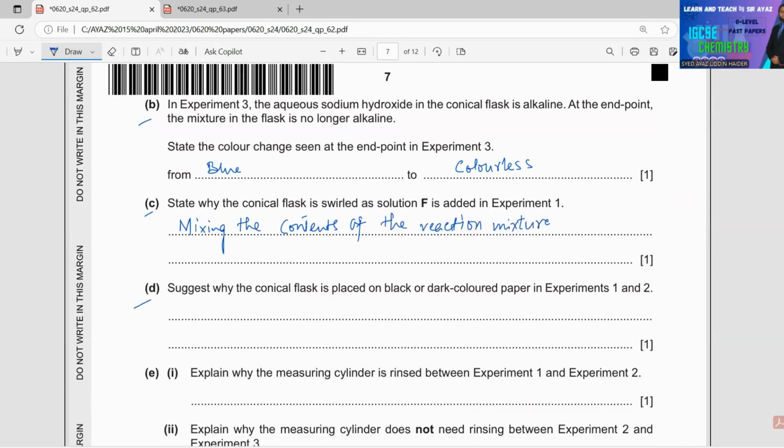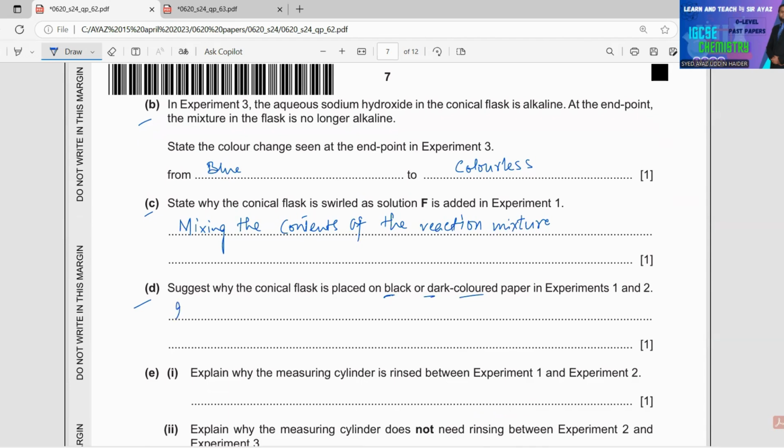Part D. Suggest why the conical flask is placed on black or dark colored paper in experiments 1 and 2. So it's easier to observe or see white precipitate or cloudiness because these are dark colored. So we must be having something appearing in the form of white precipitate or cloudiness.